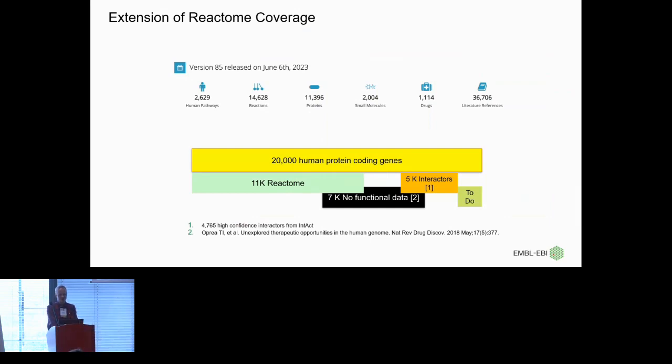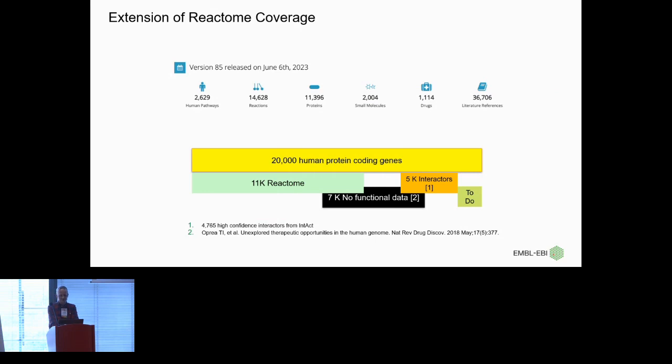For around 7,000, depending on the definition, there's simply no functional annotation, so it's difficult to integrate it into a mechanistic database like Reactome. But the coverage in Reactome is increased by about 5,000 interactors due to the integration of these interactors from IntAct. So this was just to show the reuse of the data and the integration across databases.